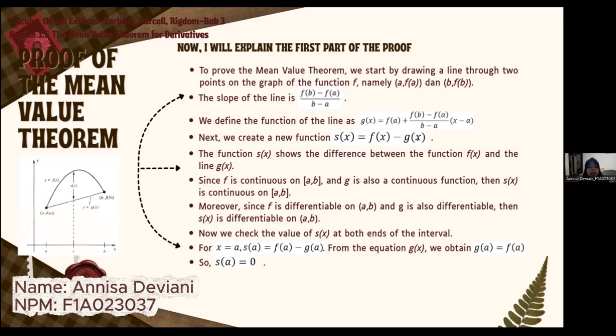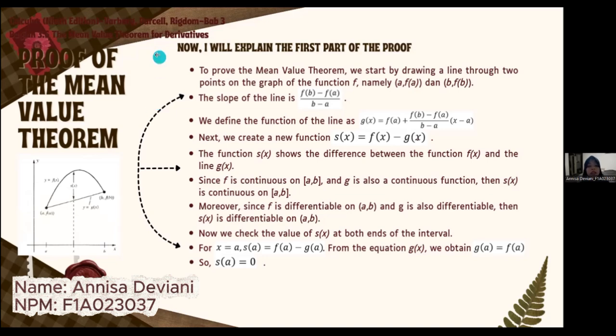We define the function of the line as g of x equals f of a plus the quantity (f(b) minus f(a)) over (b minus a) times the quantity (x minus a).